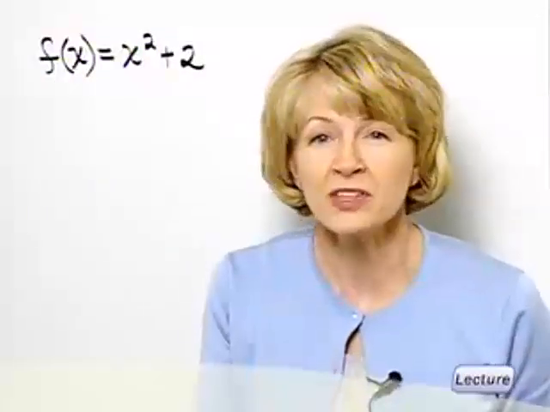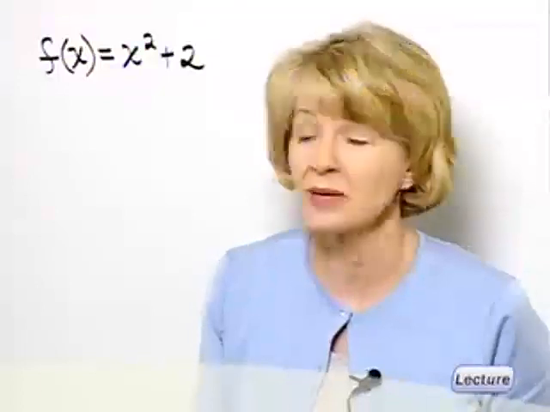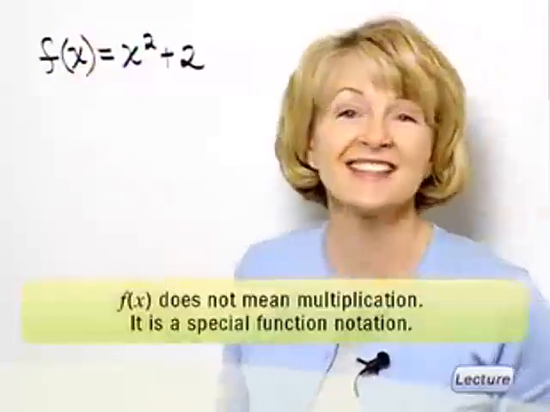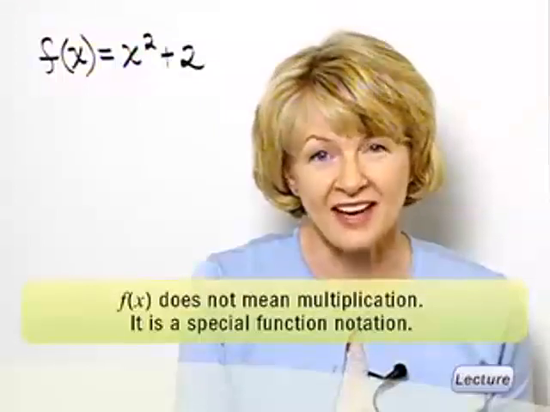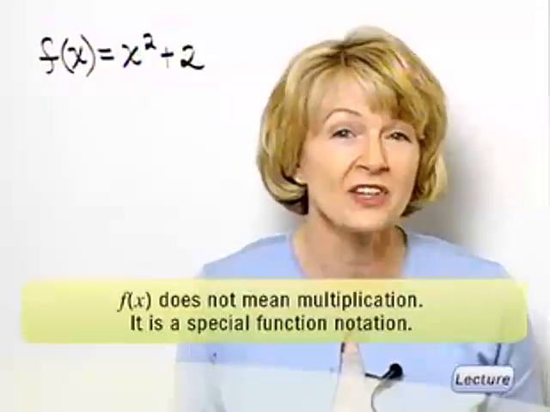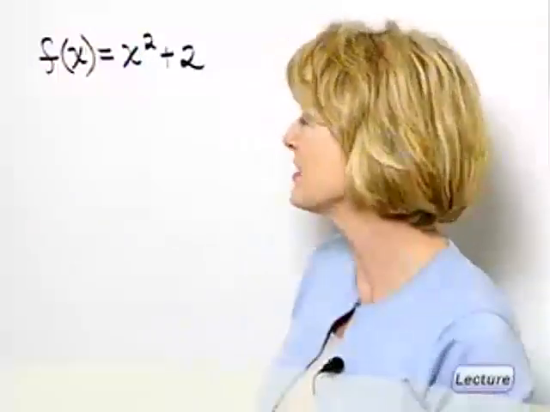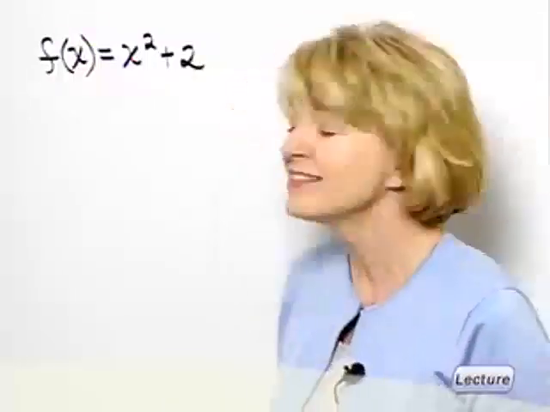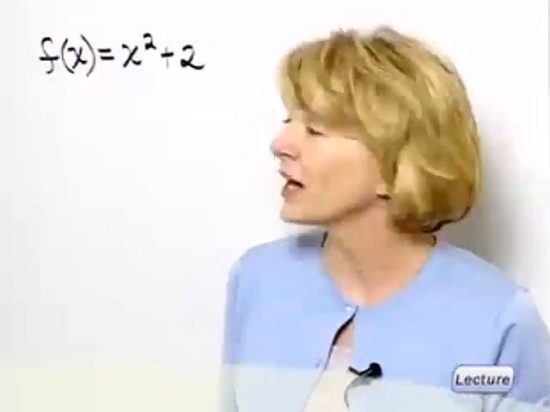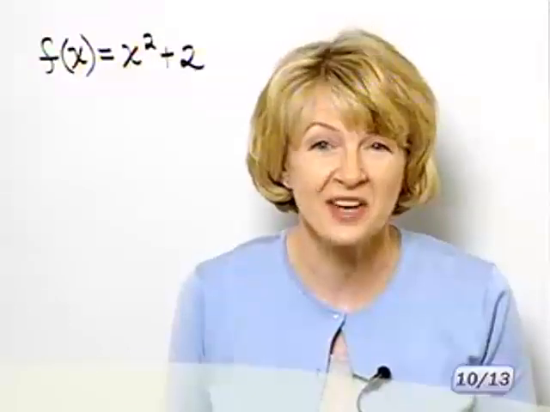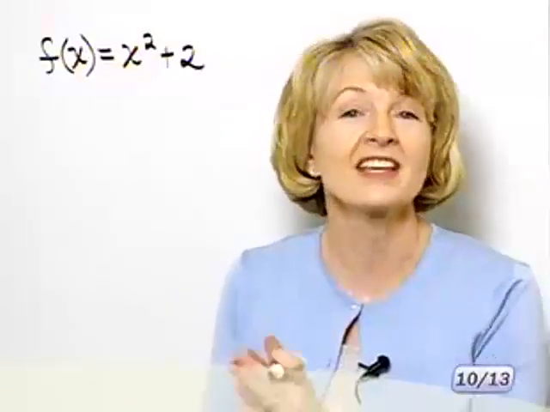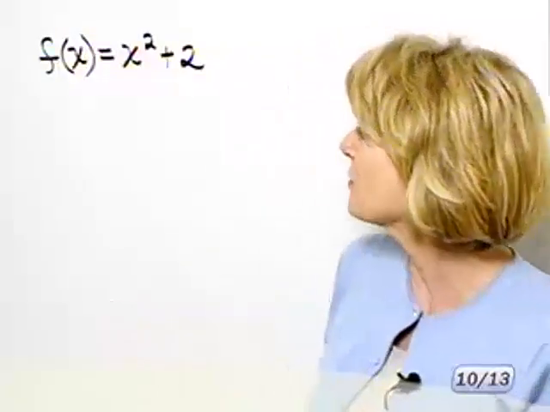Now, the most important part here is to remember that this is not multiplication. This is not f times x. It is a special function notation, and we read this as f of x is equal to x squared plus 2. To become used to this function notation, let's practice evaluating at certain values.